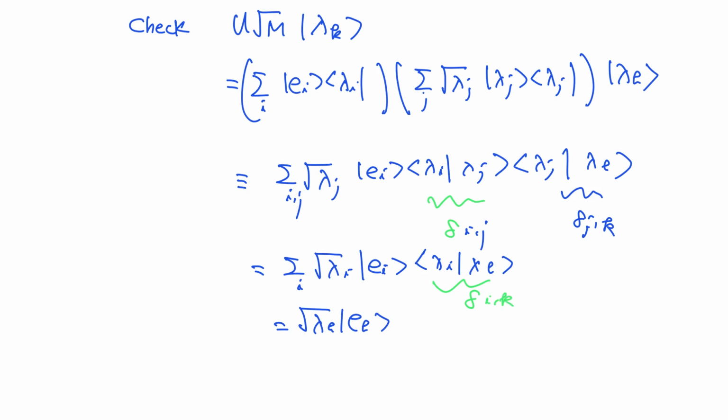E_k is what? We have defined e_k as square root of lambda_k, psi_k, square root of lambda_k, A, lambda_k, right? Psi_k was defined as A lambda_k.